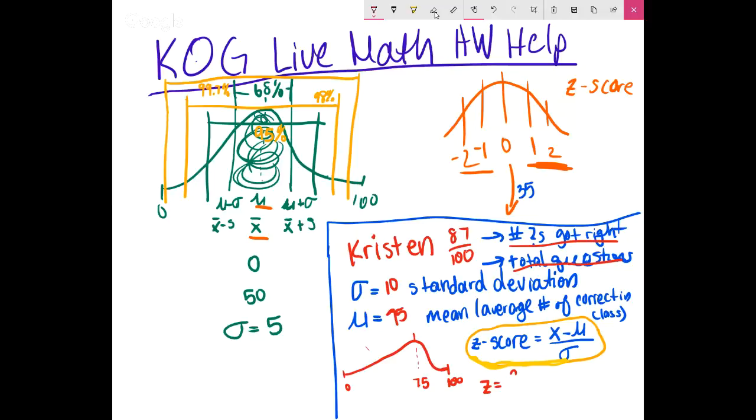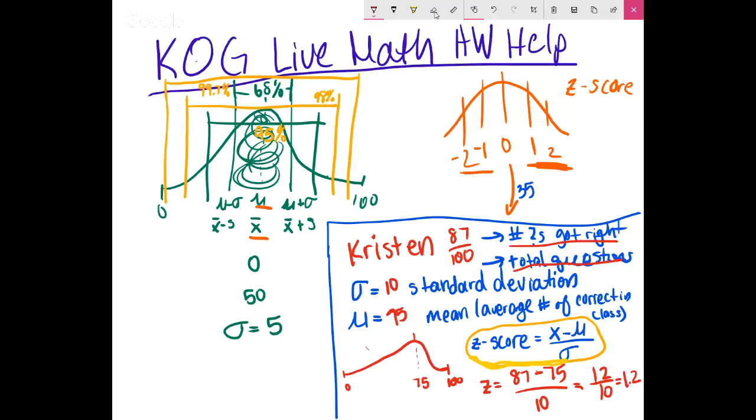Our x is 87, minus the mean, 75, divided by the standard deviation, 10. Okie dokie. 87 minus 75 is 12, over 10. And then we do that division, which would be 1.2.